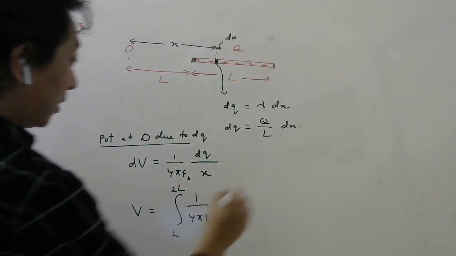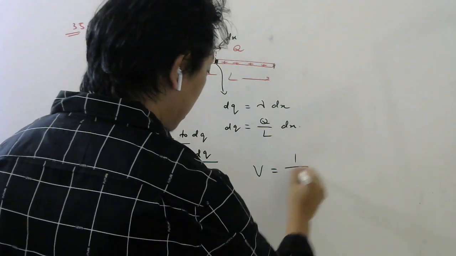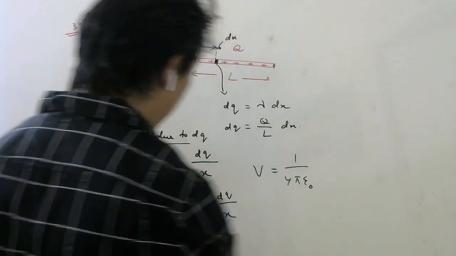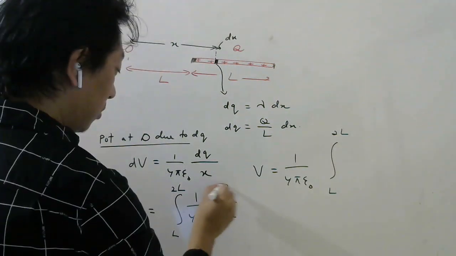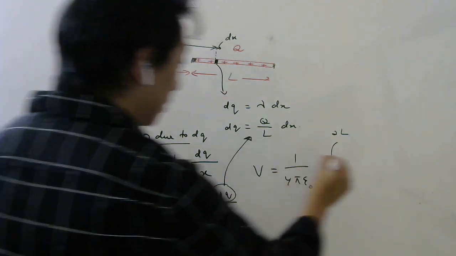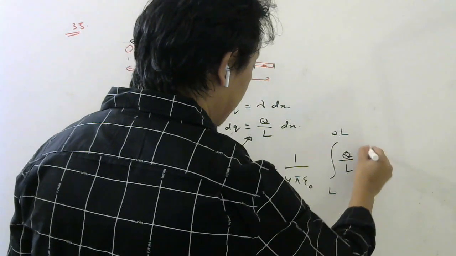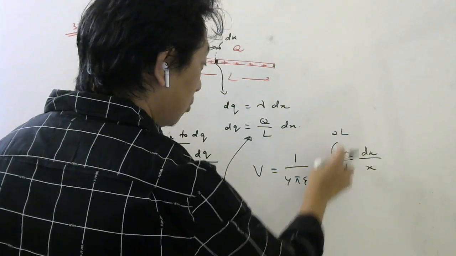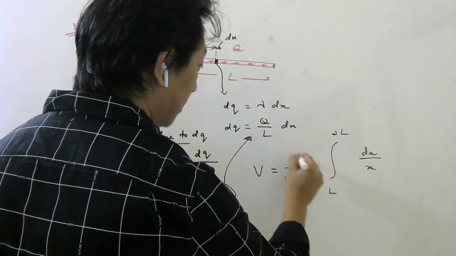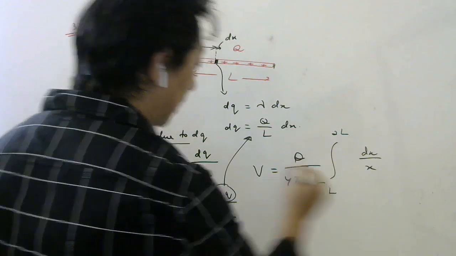No. So you cannot take x outside. Only 1 by 4 pi epsilon naught you can take outside. dq I have already shown is Q by L dx, divided by this x. Now this Q by L you can take outside, because total charge and total length are constant.